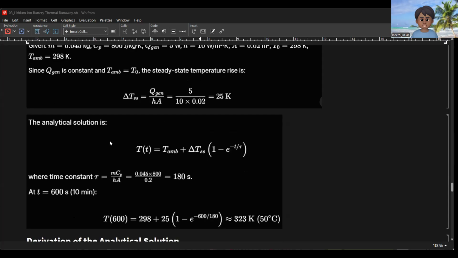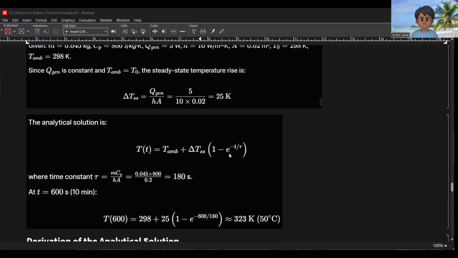So the analytical solution here is the temperature of the ambient plus, from this equation, the amount of heat generated over the convection coefficient and the area here, this one.